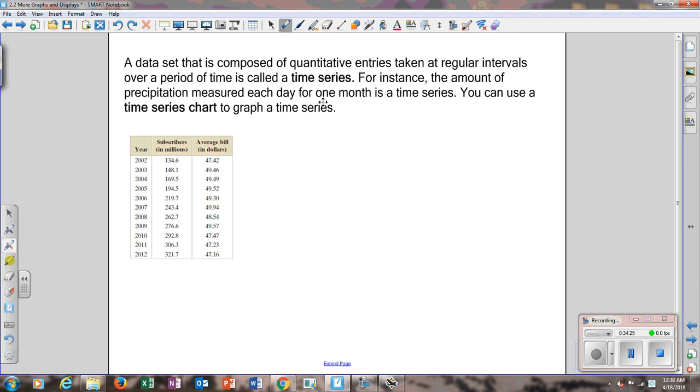So if it's composed of quantitative entries taken at regular intervals, instead of worrying about the year, we would do subscribers up one side and average bill down the other. And subscribers. And that's it.